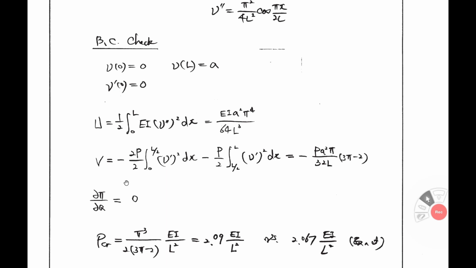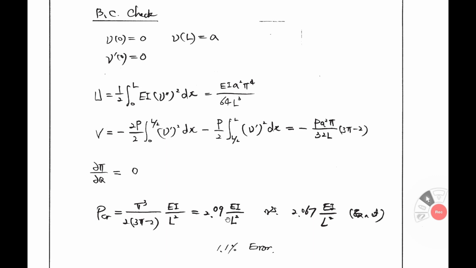You can take the derivative of this equation equal to 0. Then you get PCR, π squared over 2, 3π over 2, like that. That is 2.09 EI over L squared, okay? If you use the differential equation, you can get the exact result. That is 2.067. As you see, they are very close.